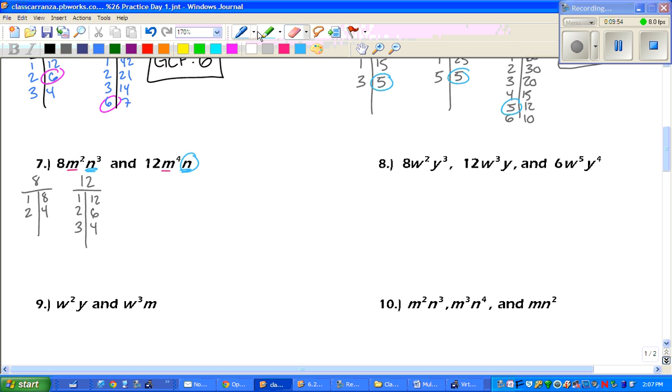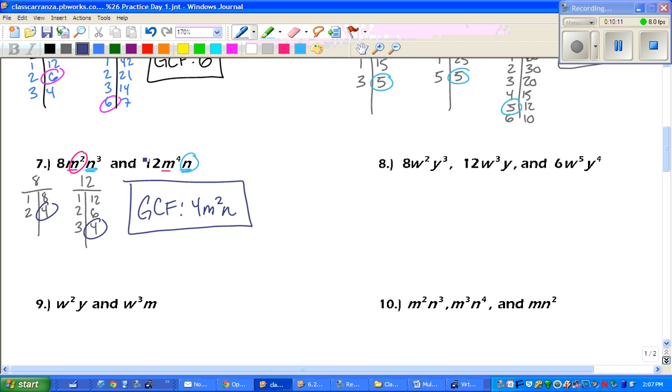So what our GCF then would be, let's break this down. So the GCF we said the highest number was 4 m squared n. Okay, remember that we got the 4 from there, the m squared from there because it's the lowest, and the n from right there.